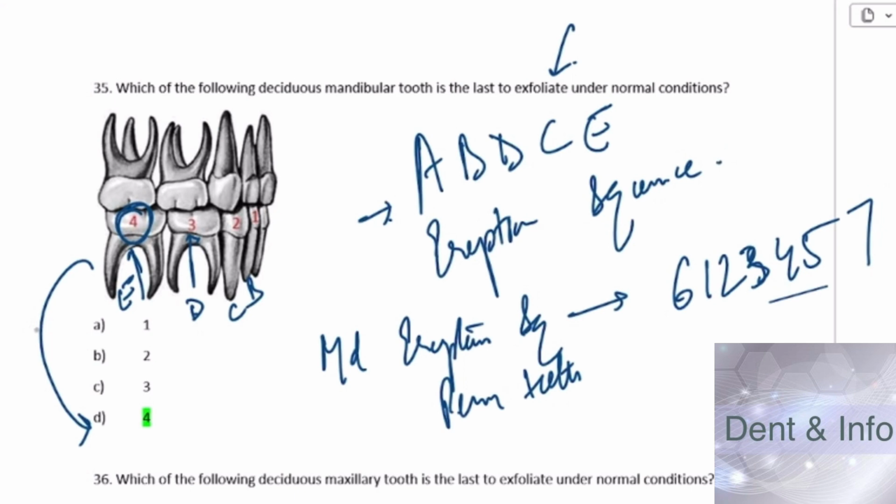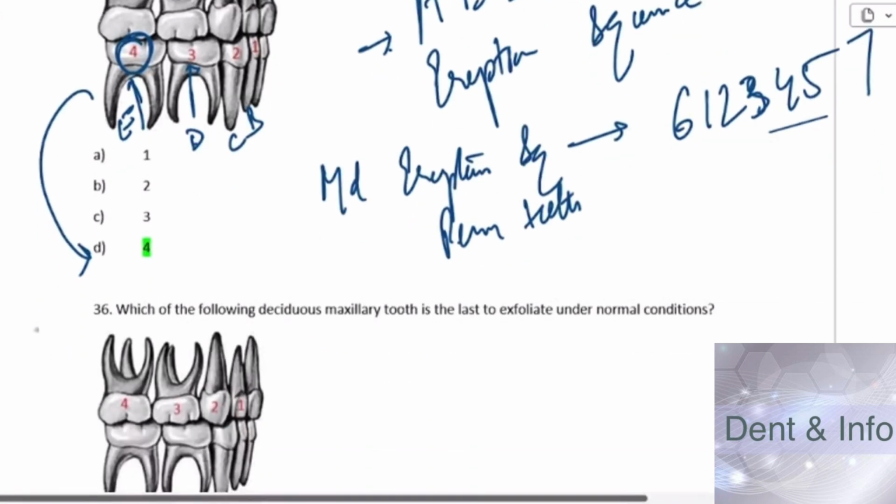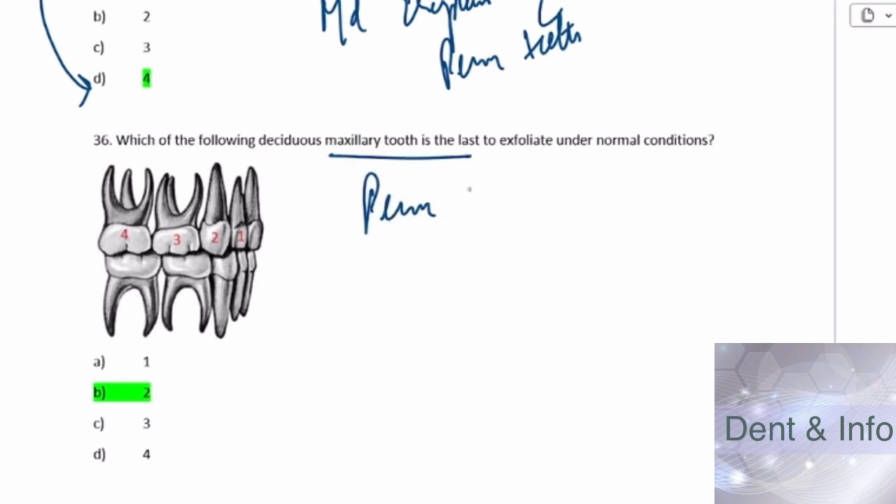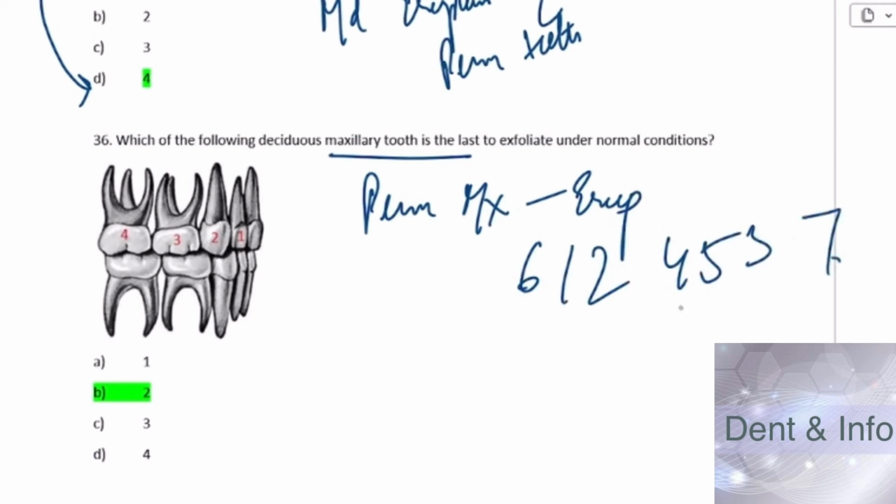This is correlated with the mandibular teeth. It is going to be different for maxillary teeth, because maxillary teeth eruption sequence is different. Now, which of the following deciduous maxillary tooth is last to exfoliate? Same thing. Good, we have kept both together here. For permanent maxillary teeth, what is the eruption sequence? We take 6, 1, 2, 4, 5, 3, 7, or 6, 1, 2, 4, 3, 5, 7.